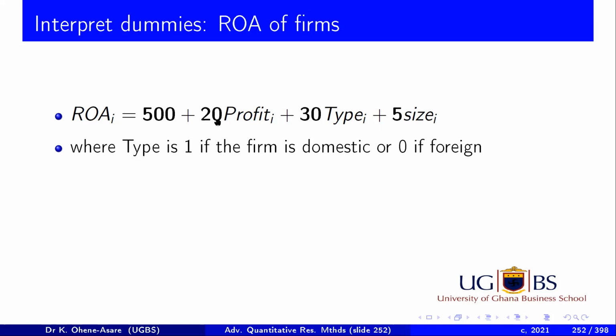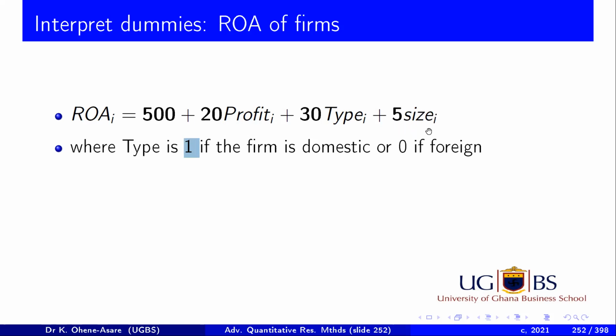Return on assets of a company depends on the type of the firm. And the type has been explained here as whether it is domestic or foreign. So if it is domestic, it is coded as 1. And if it is foreign, it is coded as 0. Okay. Now, it also depends on the size.